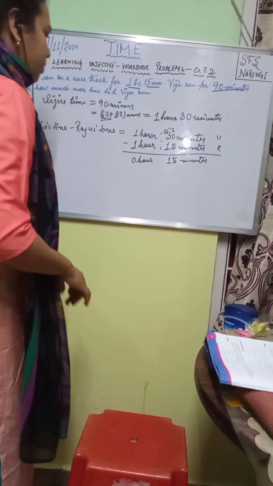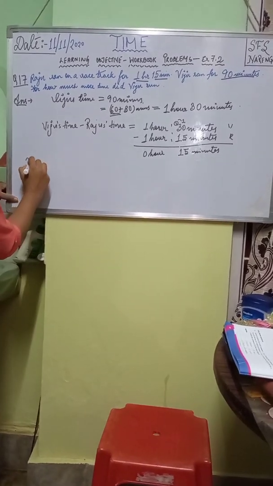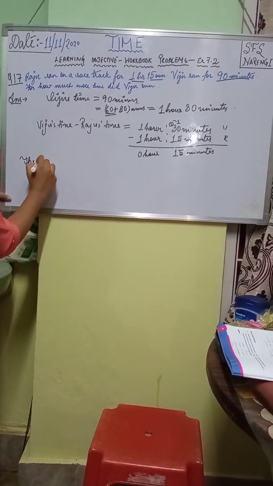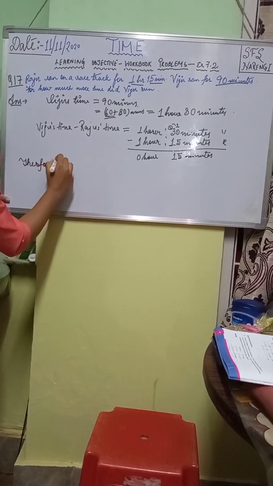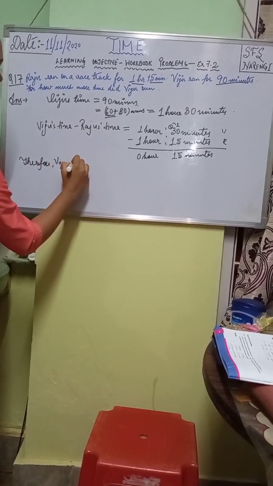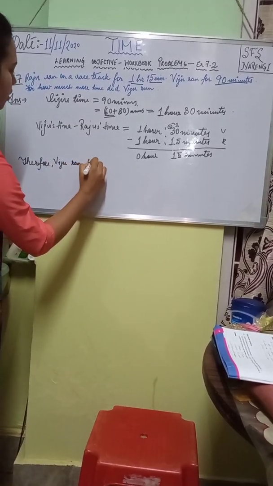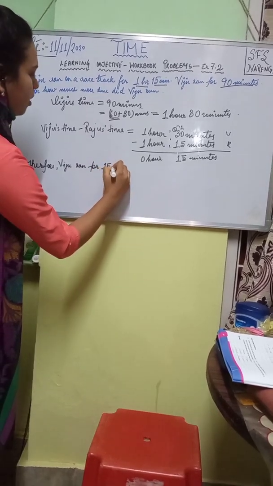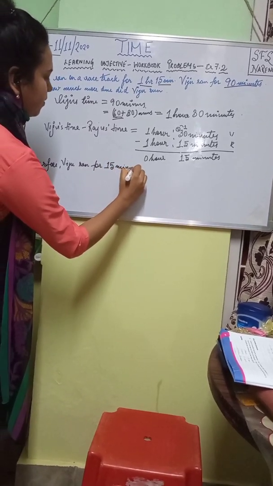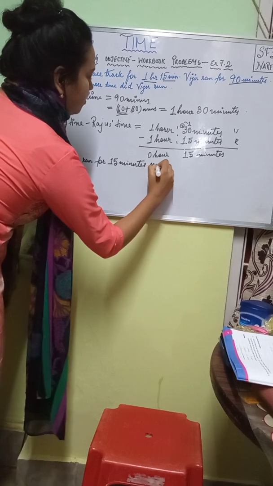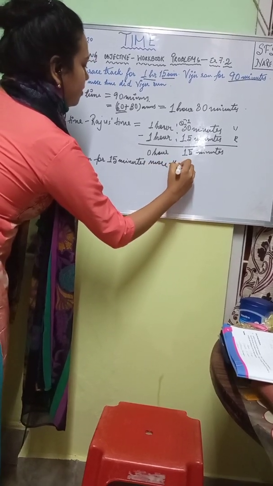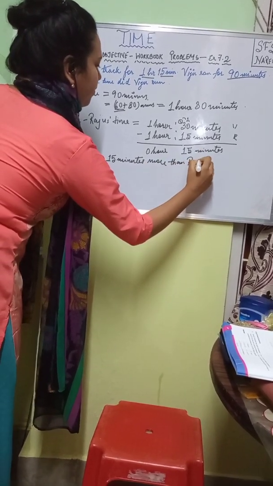So we can say that Viju ran for 15 minutes more than Raju.